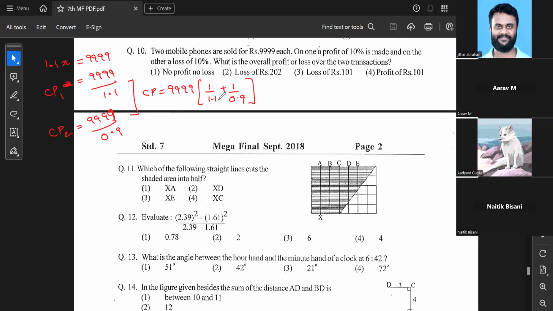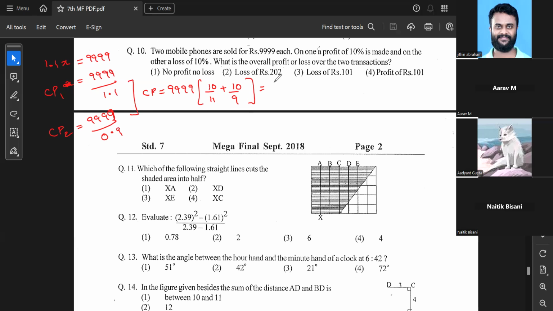Or if you find these decimal values difficult to solve, there is one more technique. I can consider this as 10 by 11 and 10 by 9. So I can take 10 common and then do the cross multiplication, 11 plus 9, 20, 20 upon 99.